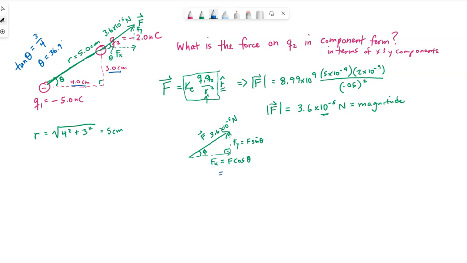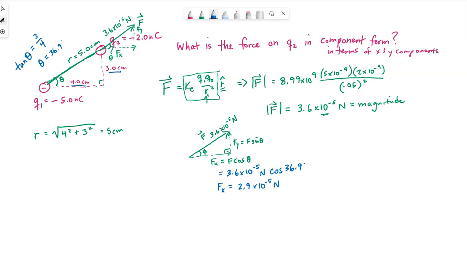So the x component, I will take the magnitude of the force times the cosine of 36.9 degrees. My calculator already has these values in it, and I'm making sure my calculator is in degree mode. So this x component of the force, I'm getting 2.9 times 10 to the negative fifth newtons.